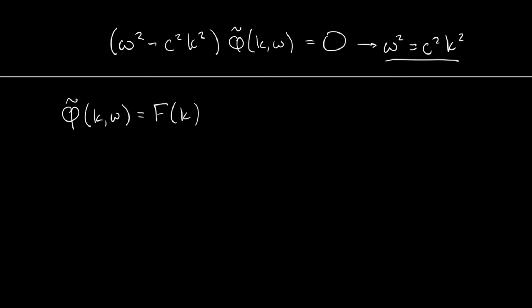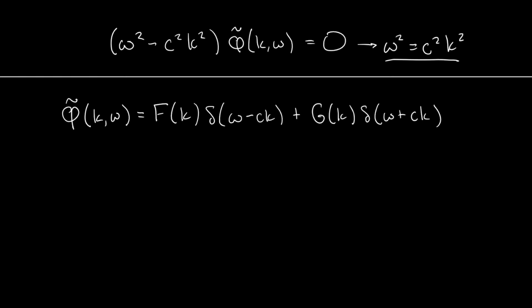I'm solving for omega, which means I can still have some non-trivial dependence on k, right? k can be whatever I want. I just have to fix omega so that it obeys this dispersion relation. And so I'll do that just with delta functions: f of k delta omega minus ck plus g of k delta omega plus ck, right? Because I have a positive and a negative solution once I take the square root.